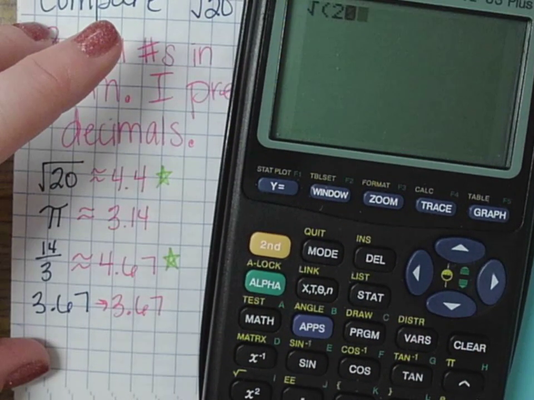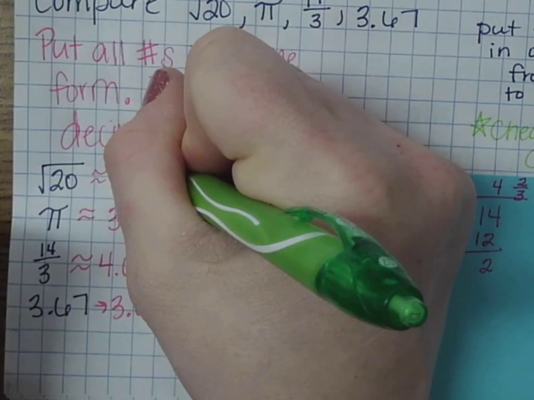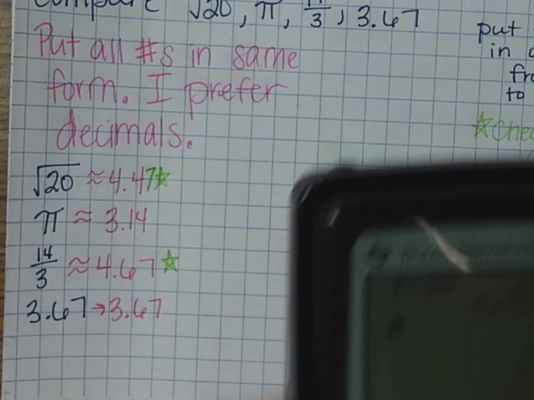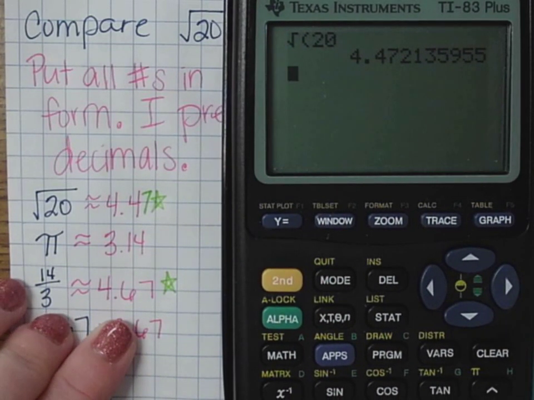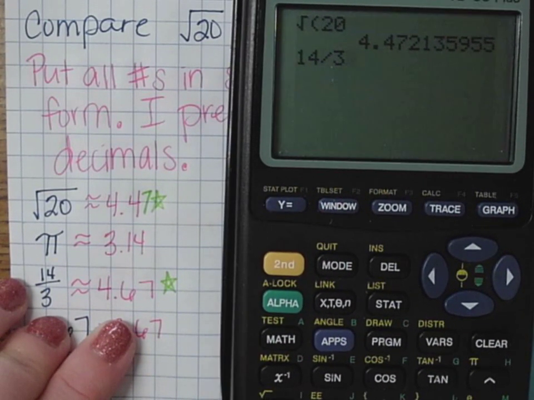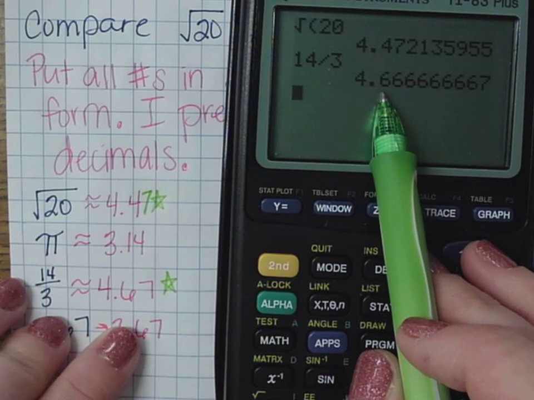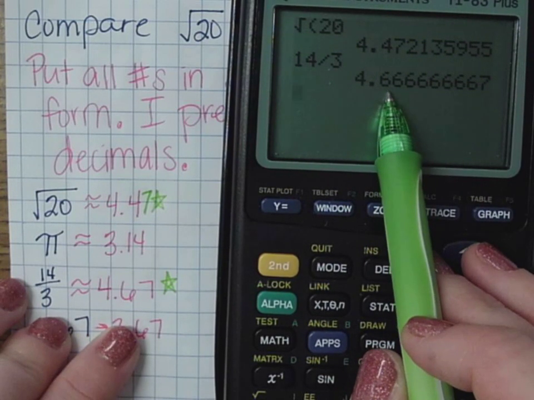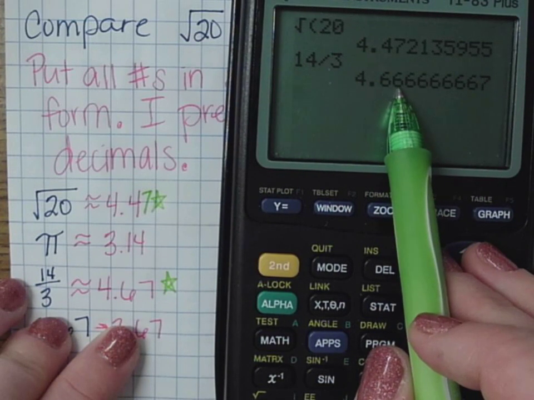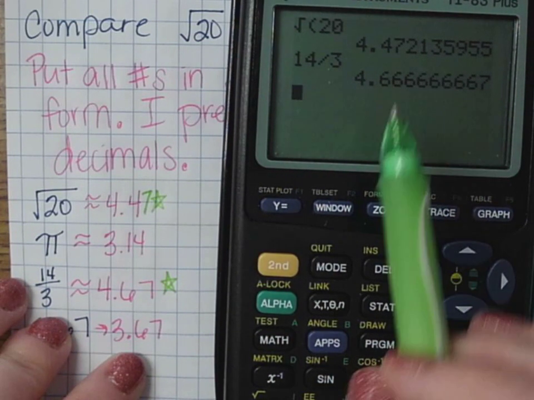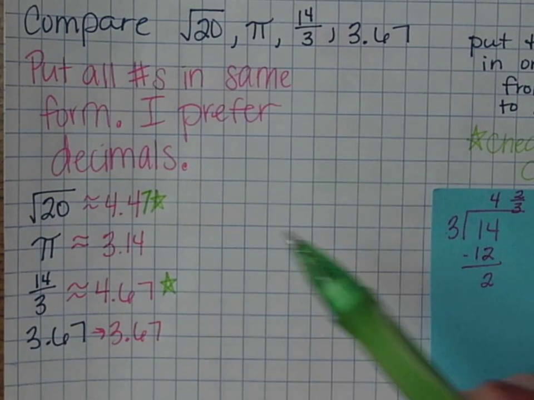And then I'm going to put 20. And it was 4.47. So what we estimated it to be was pretty close. And then 14 divided by 3 is 4.666667. But if I wanted to just put 2 decimals and round, this 6 would make it round up to a 7. So both of those were correct.